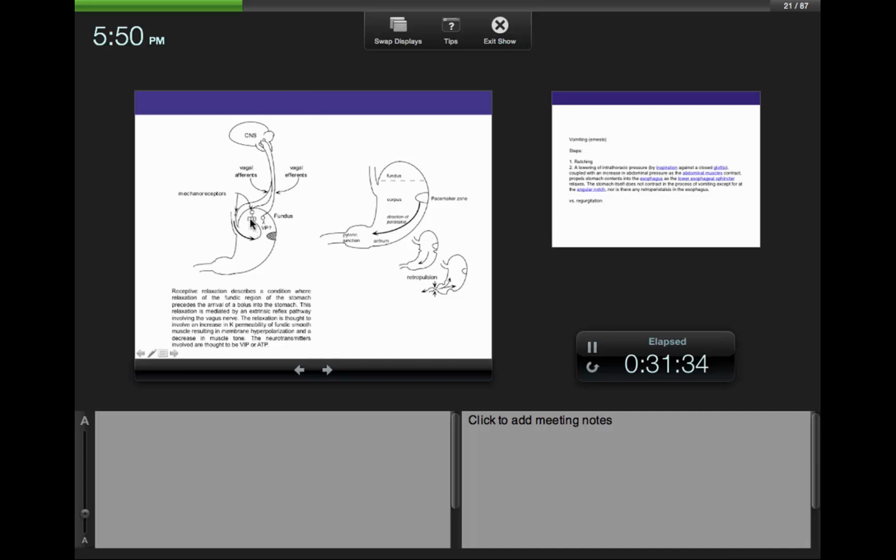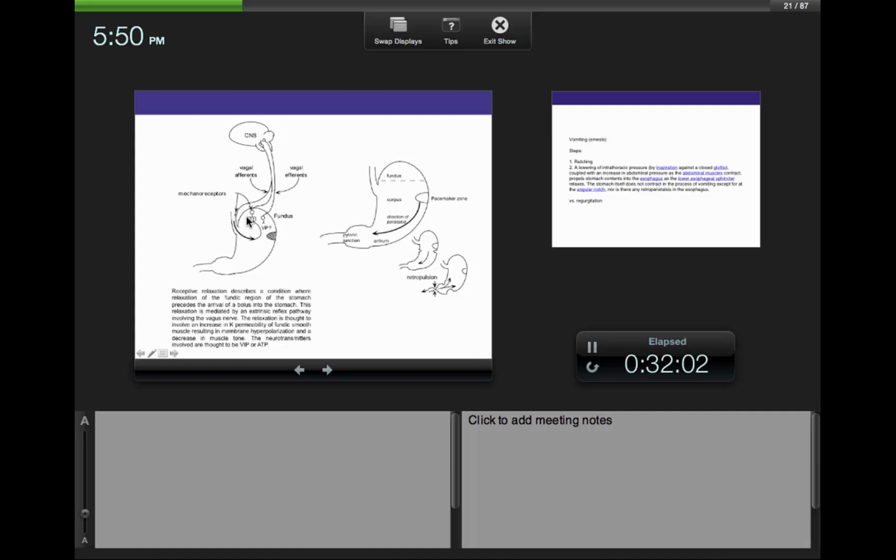These mechanoreceptors detect stretch or distension. I get a lot of questions during the exam. What is distension? Distension is just stretch of that area. It triggers those mechanoreceptors. So you get stretch of the fundus when you start to eat food.